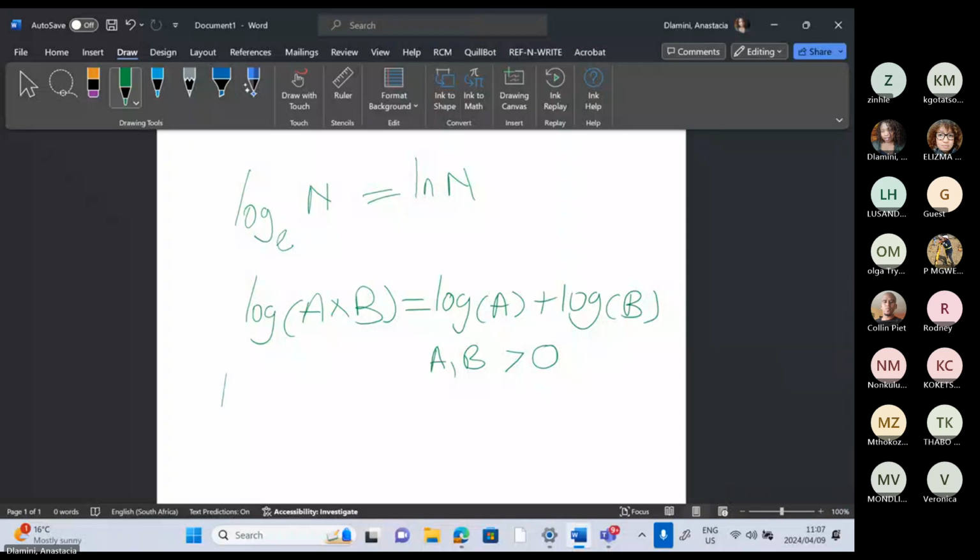Now, log of A over B is the same as log of A minus log of B.